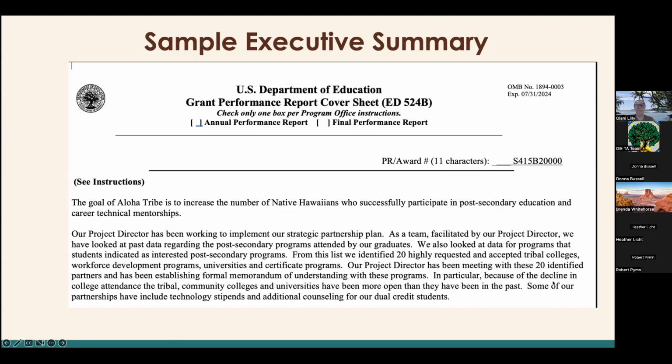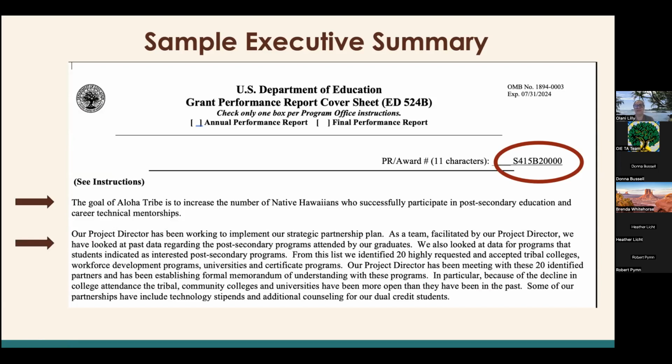So again, here's a sample of an executive summary, and we'll walk through the highlights of this. Again, you want to make sure that you are writing the correlating PR number for your NYCP grant. Also, you can see here that the executive summary starts with the goal of the project.